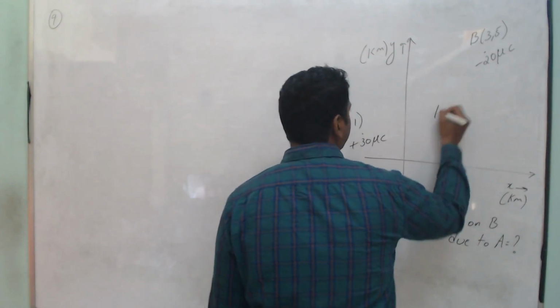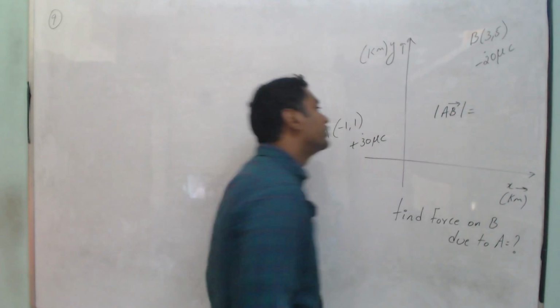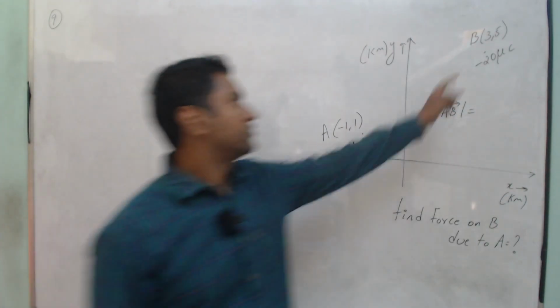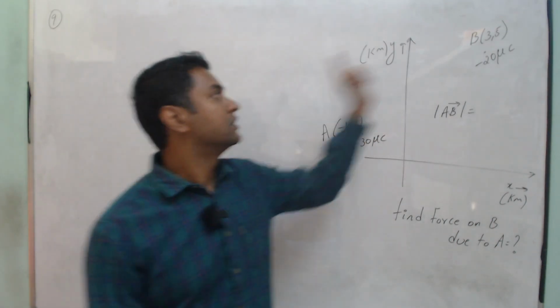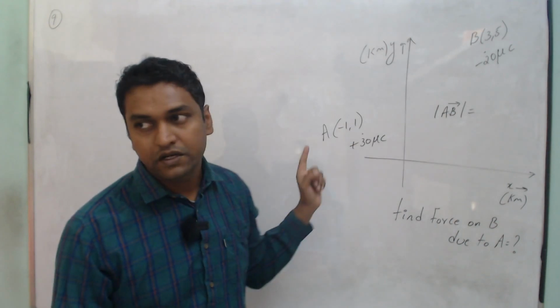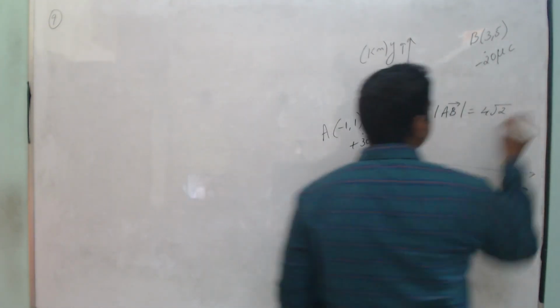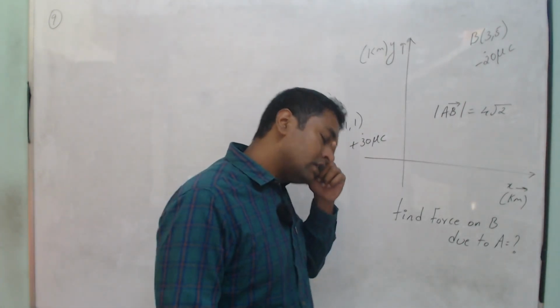So magnitude of AB bar is going to be square root of 3 plus 1 is 4 square plus 4 square, 4 root 2, right?